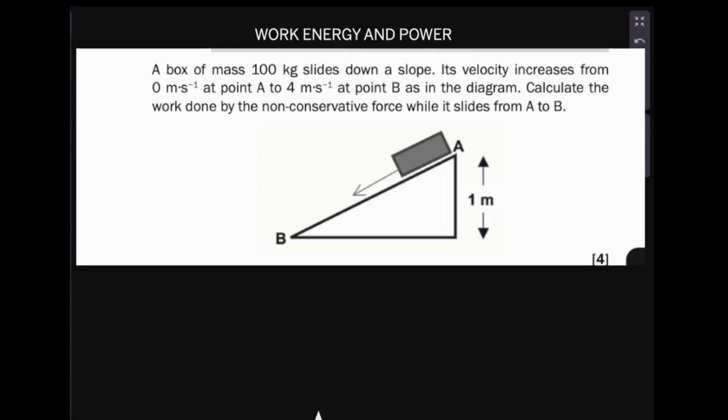Okay, looking at the question that you see on the screen, these are the type of questions that you are going to be asked when you need to calculate work done by a non-conservative force.